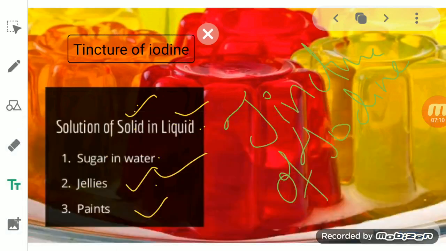So this is also an example of a solution of a solid in a liquid. Basically this tincture of iodine is asked many times. What is this tincture of iodine? A solution of iodine in alcohol. Iodine in alcohol forms the tincture of iodine.